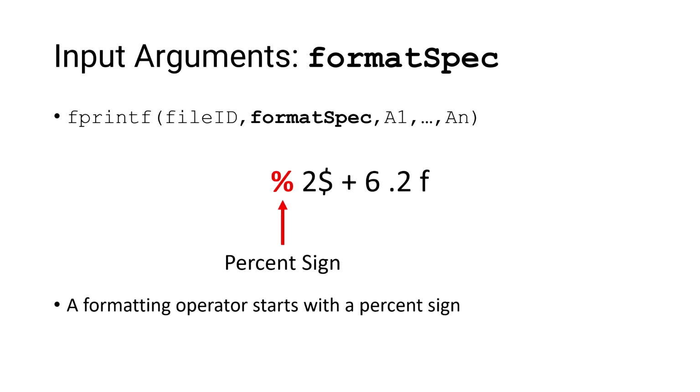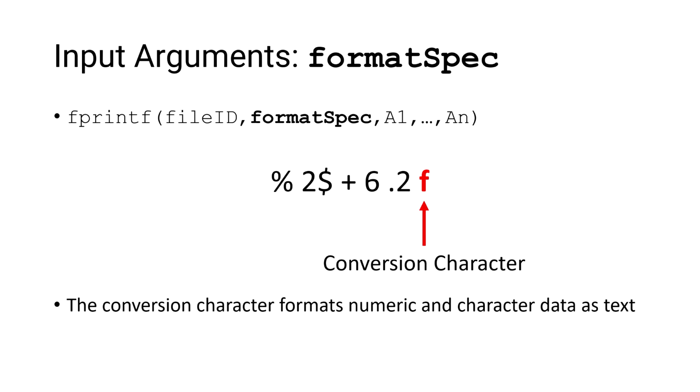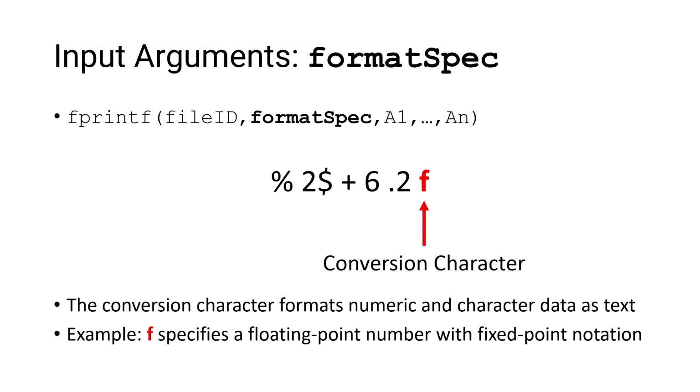And a formatting operator must end with a conversion character. This is also required. The conversion character formats numeric and character data as text. For example, the f here specifies a floating point number with fixed point notation.